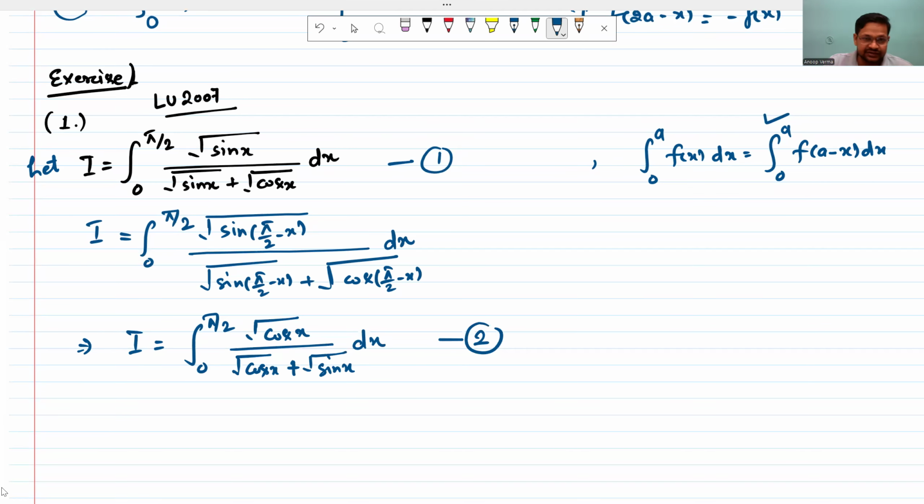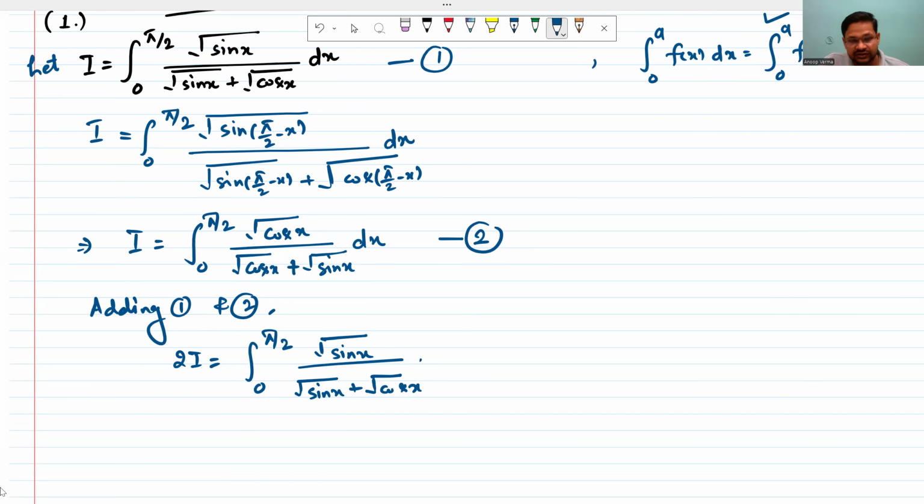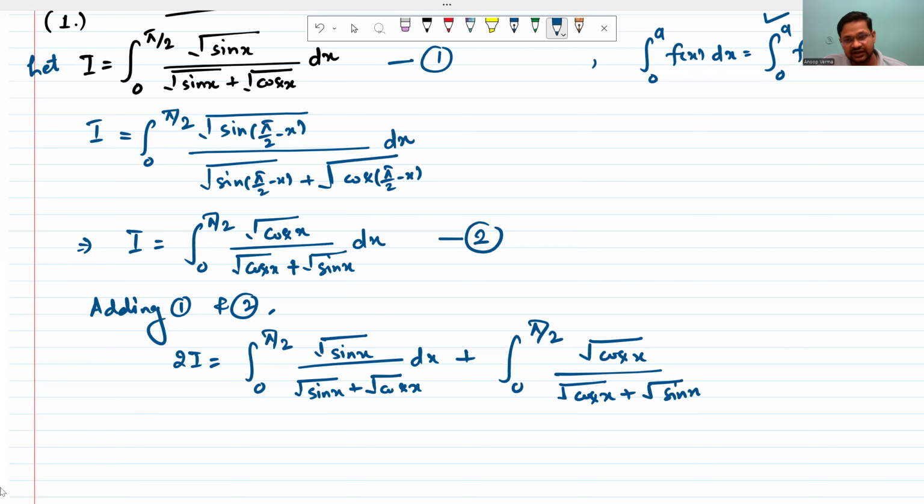So we are adding 1 and 2. When you add, you will get 2 times I, and this integral from 0 to pi by 2 of root of sin x divided by root of sin x plus root of cos x dx, plus the integration from 0 to pi by 2 of root of cos x divided by root of cos x plus root of sin x dx.